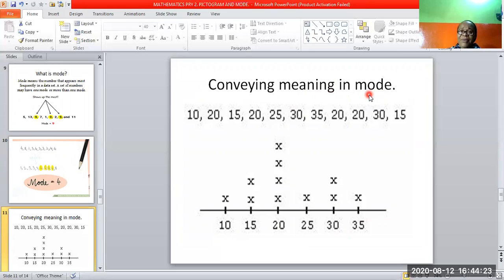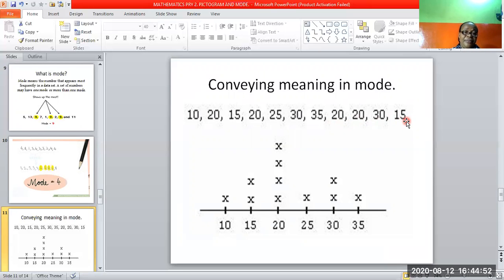Conveying meaning in mode. How do we convey meaning in mode? Take your time. Let's study it together, and we will notice that we have the given numbers 10, 20, 15, 20, 25, 30, 35, 20, 20, 30, and 15.